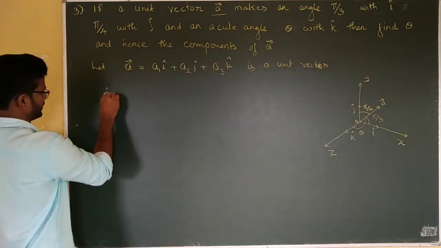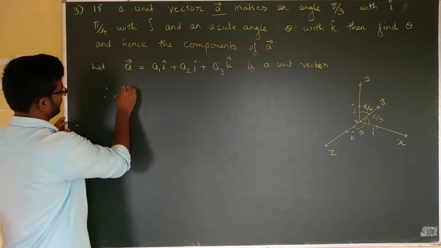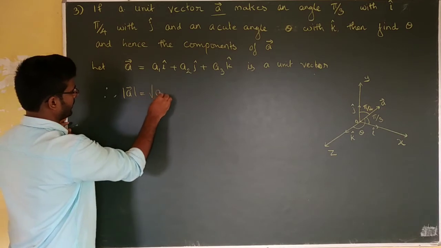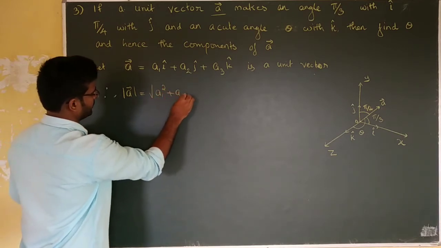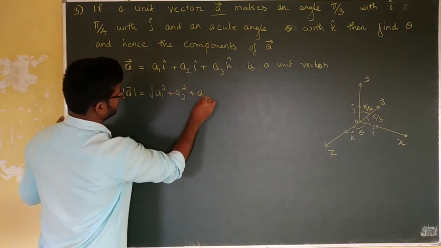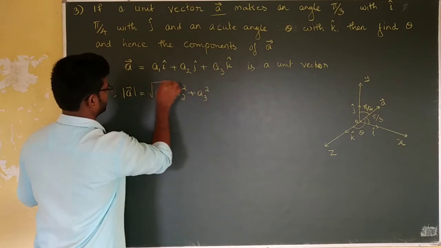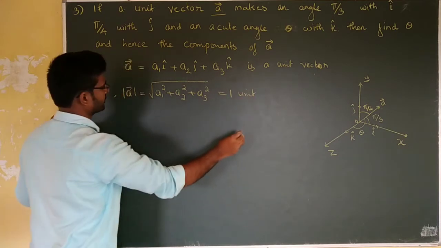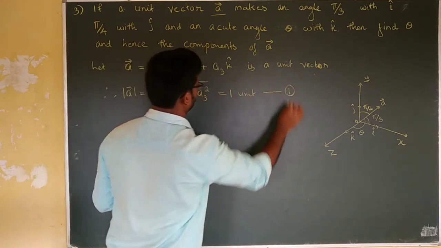Unit vector means the magnitude of that vector is 1. We can write the magnitude of A vector as square root of a1 square plus a2 square plus a3 square equal to 1 unit. Just give this equation number 1.